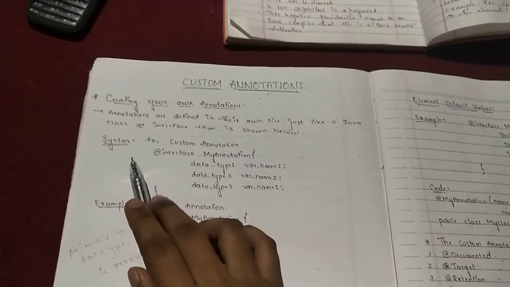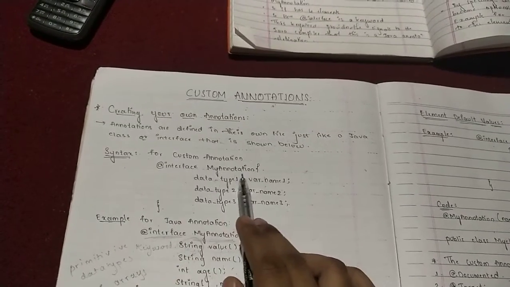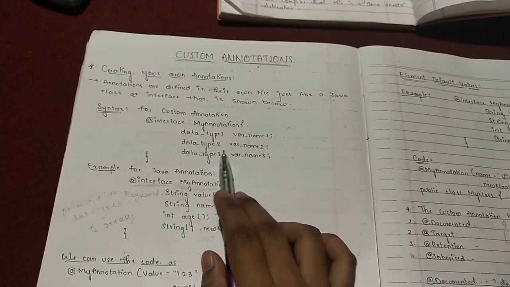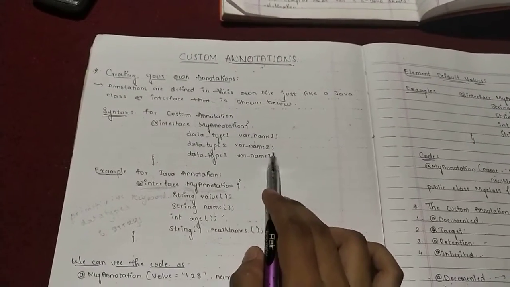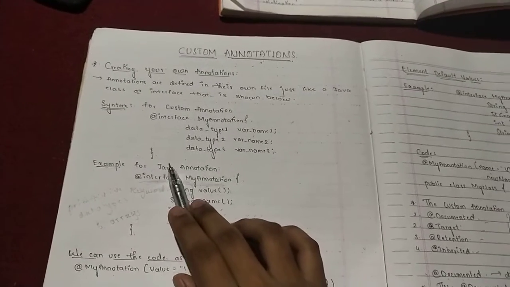Syntax for creating your own annotation is: @interface MyAnnotation, data type 1, variable name 1, semicolon, data type 2, variable name 2, semicolon, data type 3, variable name 3, semicolon, close curly bracket.